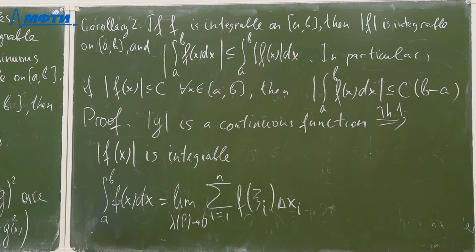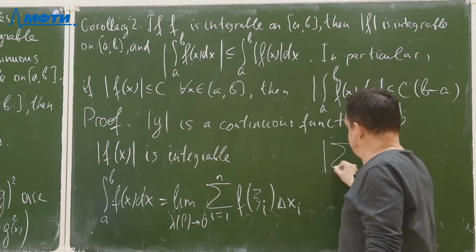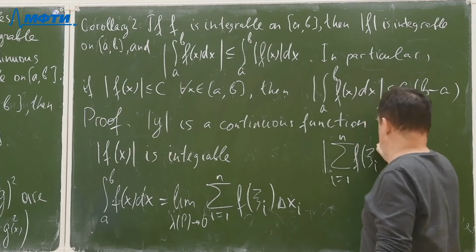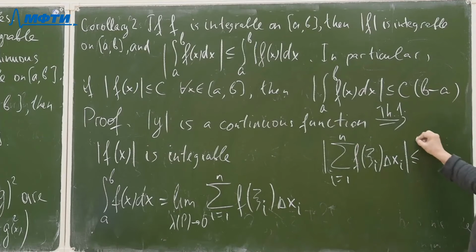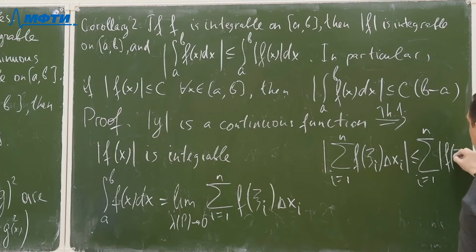Right? Then look what we observe. The modulus of an arbitrary integral sum can be estimated like that: the sum of modulus times delta x_i.